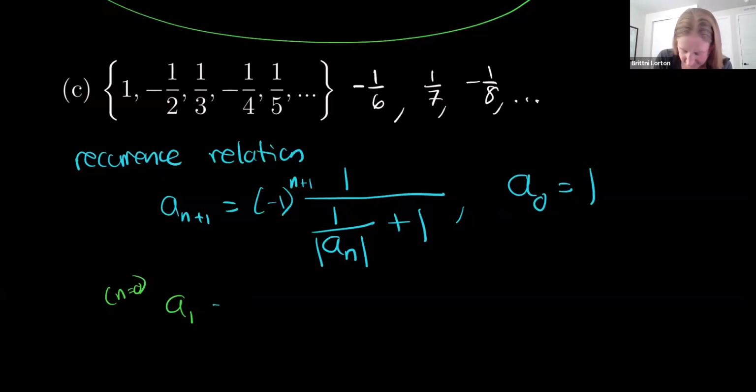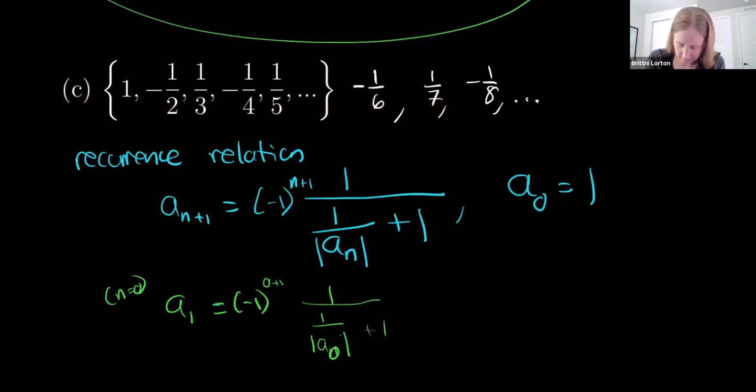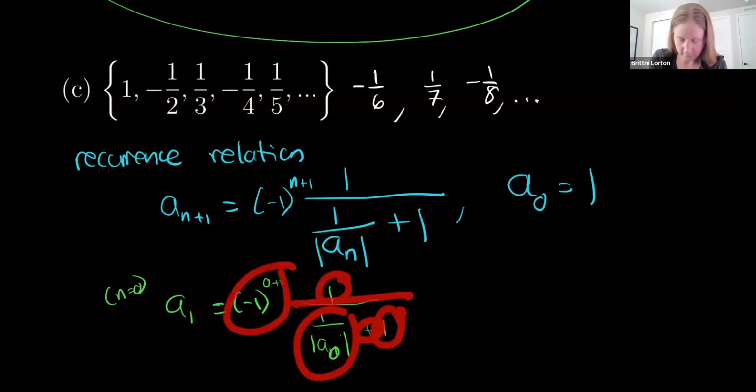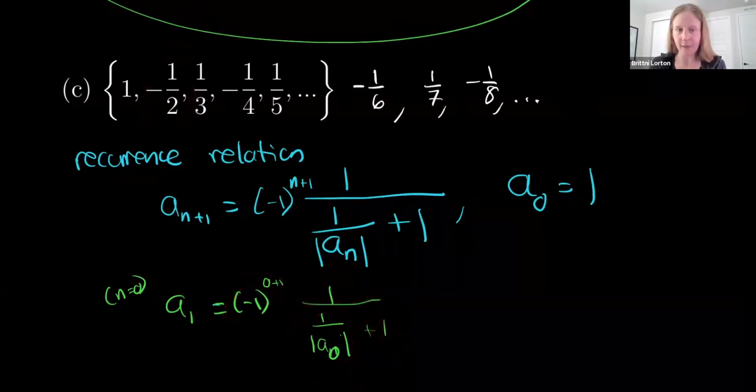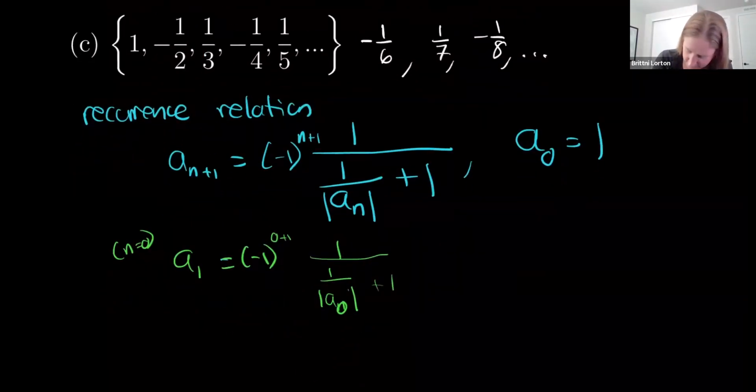That's what I want. So let's write it down in the right color. -1 to the power of 0 plus 1 times 1 over the absolute value of a sub 0 plus 1. So this would become a -1 over 1 plus 1, which is -1/2. We're good. And if I wanted to, I could check one more.